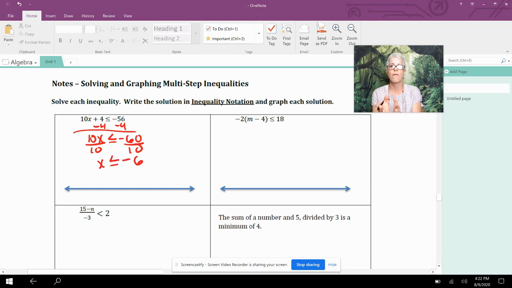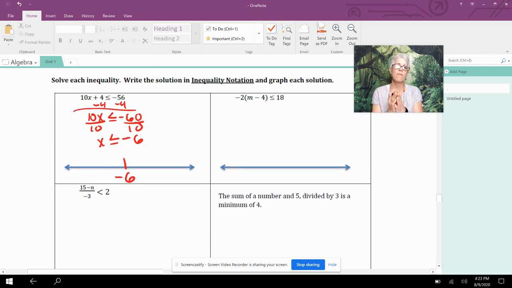Now, when you're graphing these, I want to show you the minimum that you need to do. You don't need to do a whole bunch of numbers on the graph. So in this particular one, I have a -6. So I'm going to put a little line on the graph, and I'm going to put a -6.